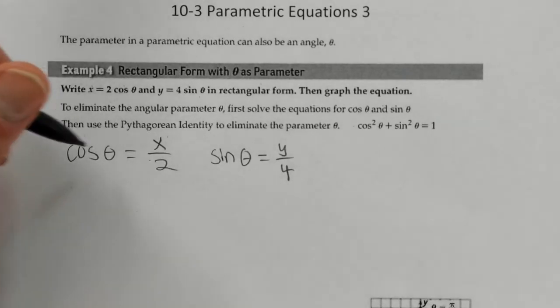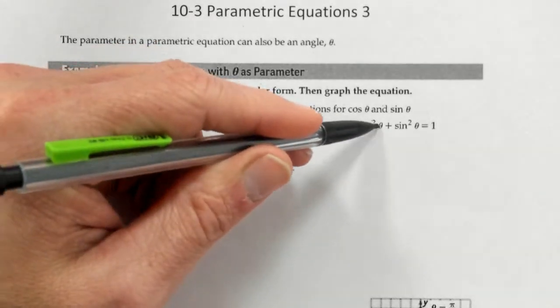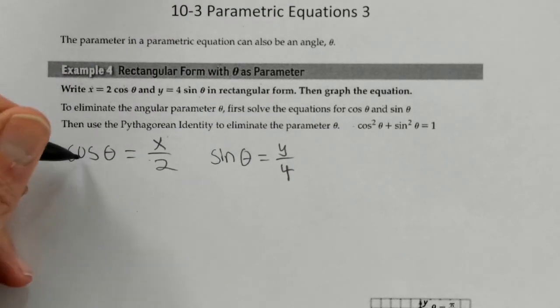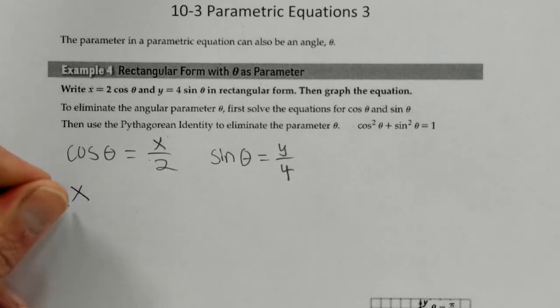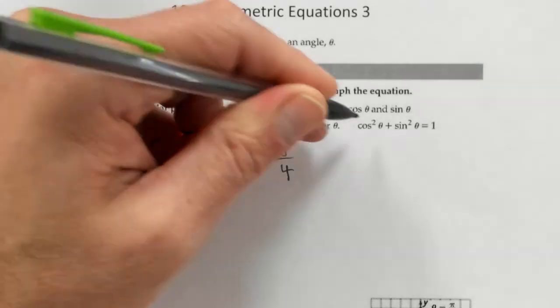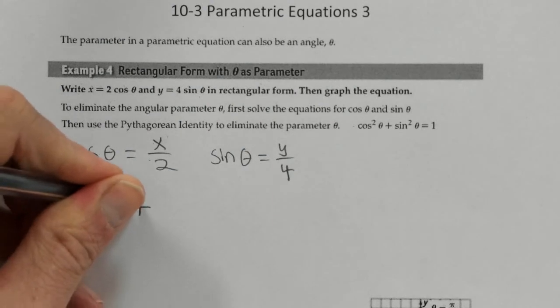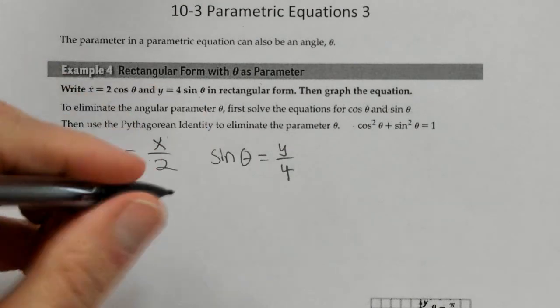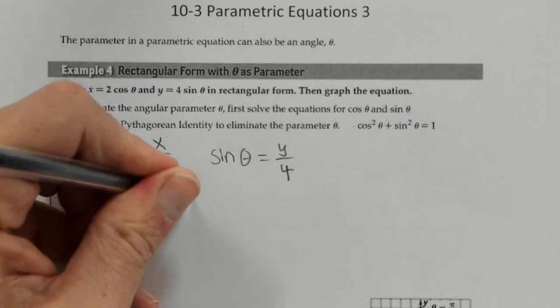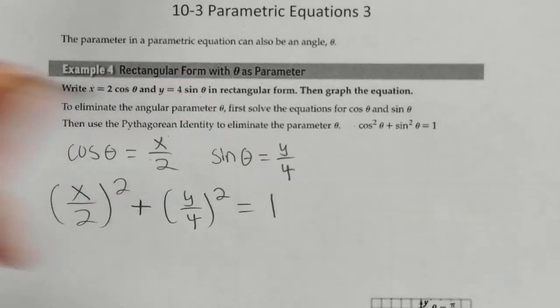So I can now use the Pythagorean identity and say cosine squared theta, where cosine of theta is equal to x over 2, so I'm going to go x over 2 squared. I'm changing cosine theta to x over 2 plus, and I can change sine of theta to y over 4, and all that is set equal to 1.